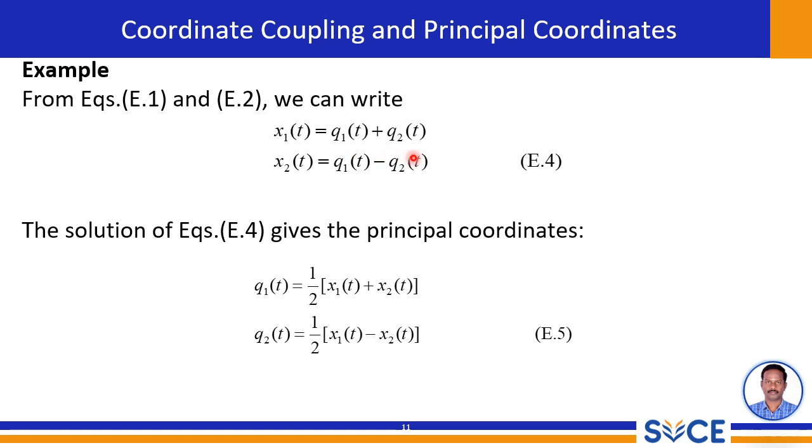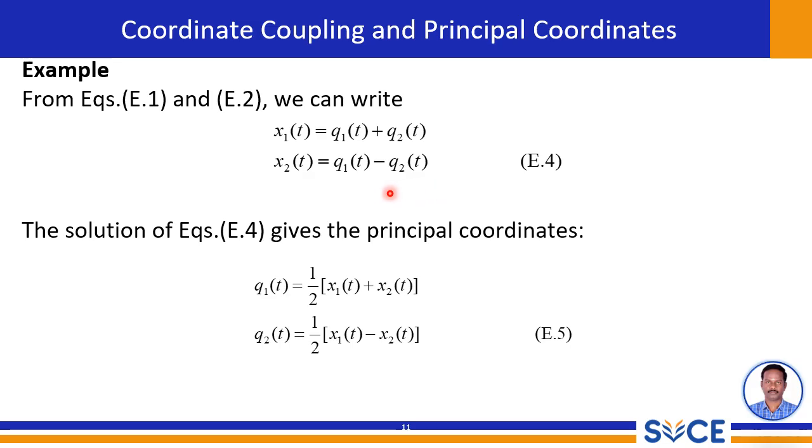We see that x1 of t is simply the sum of q1 of t and q2 of t, while x2 of t is the difference, it is not the sum, it is the difference. See the difference once again, the difference between q1 of t and q2 of t.